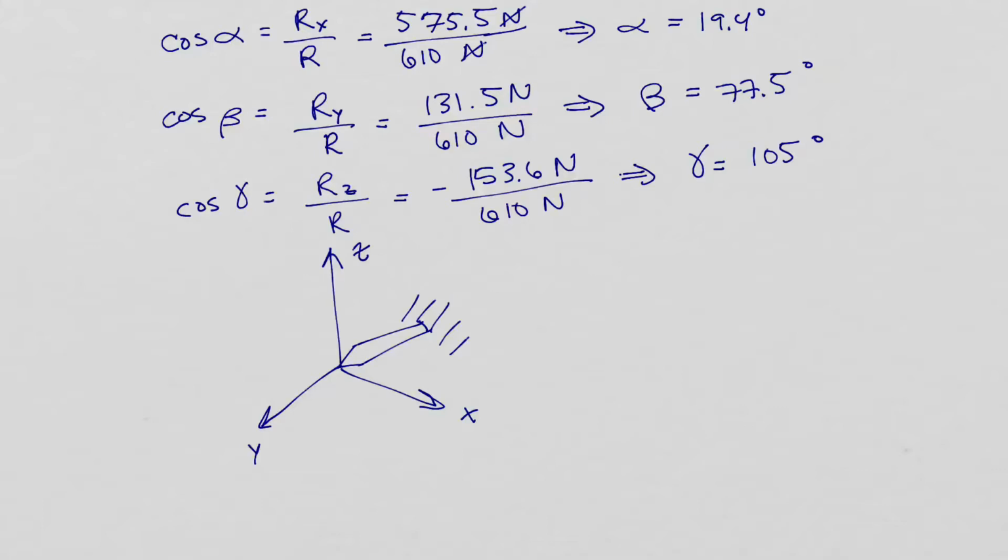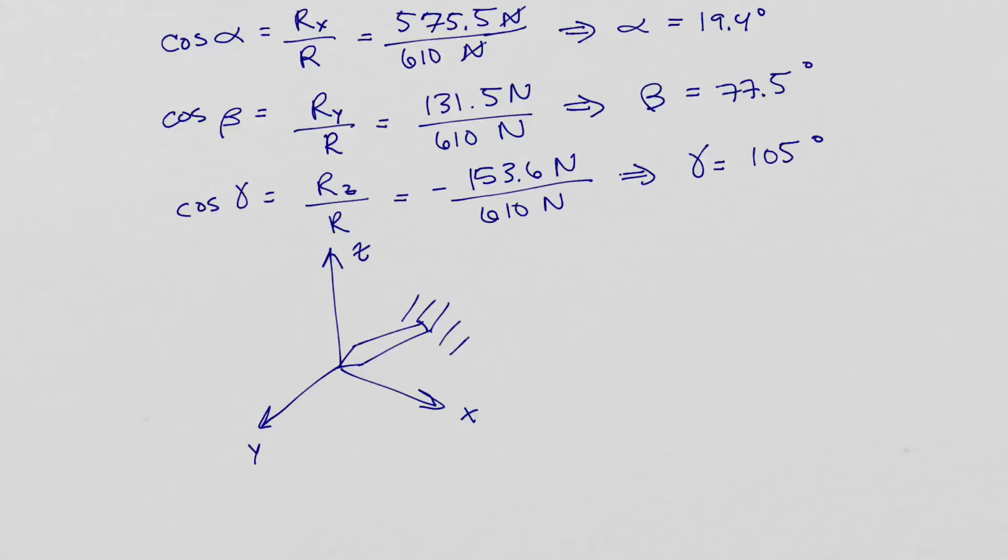And it's 77.5 degrees from the y-axis, and then 105 degrees from the z-axis. So basically that means the alpha is 19.4 degrees from the positive x-axis.